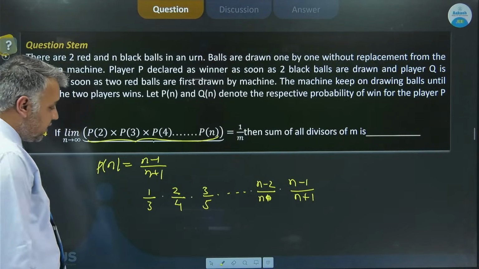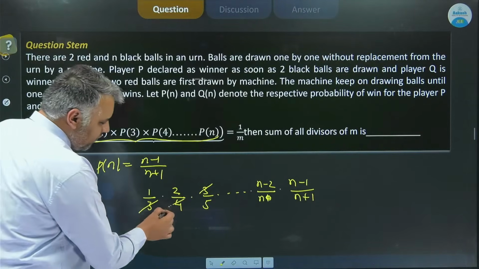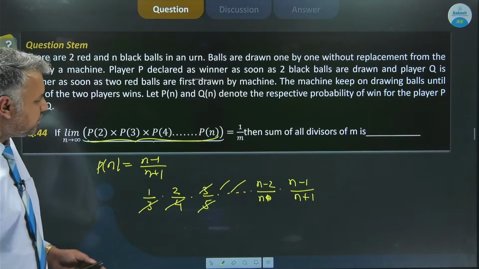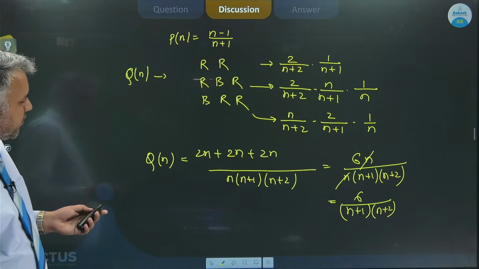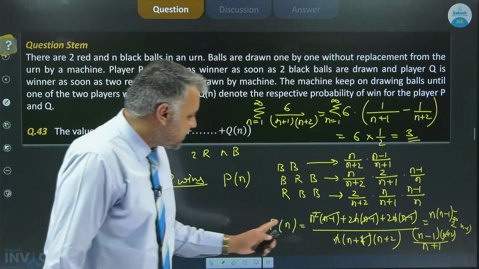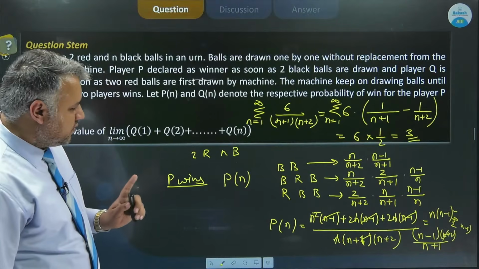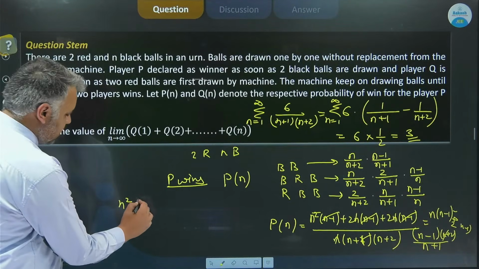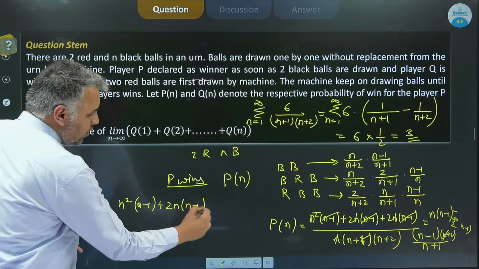So if I cancel out the terms, 3 from here will be cancelled out here. So 4 will be cancelled out here. 5 will be cancelled out here, I think. Just 1 second, I have to check this calculation only. n plus 1, n plus 2. So n square into n minus 1 plus 2n into n minus 1, 2n into n minus 1.